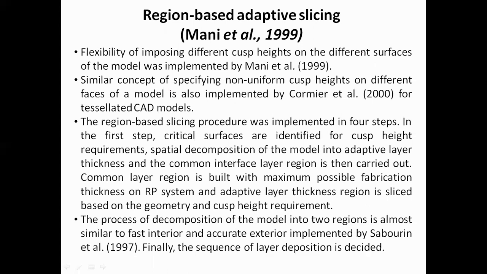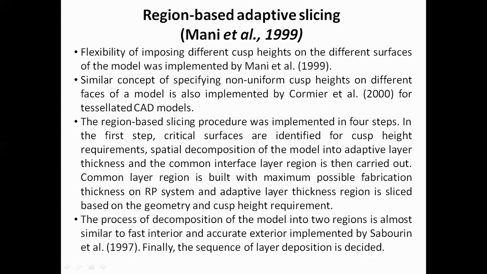Based on that, you could first identify the critical surfaces with the help of the cusp height requirement. Then all those layers which were within the range of the specified cusp height were kept constant and selected as they are. And the other layers which were going beyond the cusp height were brought back and re-sliced.